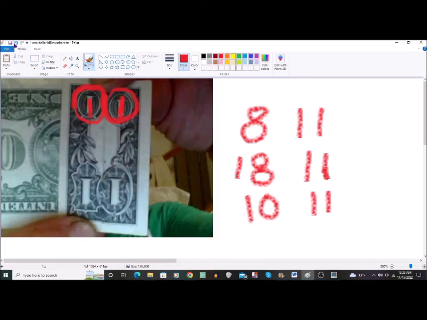I'll get rid of that so you can see it clearer. This forms the 8 here, with the 1 and the 1 inside it, and I guess you can call this another 1 right here as well. And of course, phallic symbol again, but this is 8 11, 18 11.